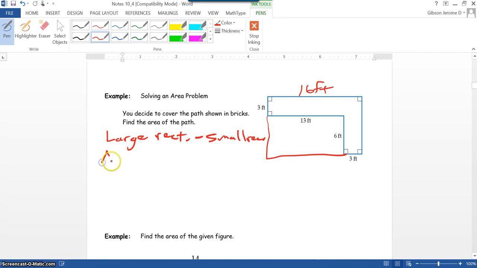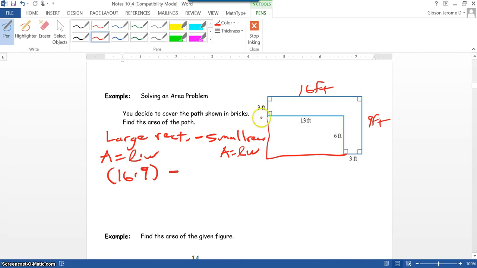So we will have A equals L times W, and this is also A equals L times W. So now, our length here is 16 feet, and our width, which is from here to here, you notice this is 3 feet, and this is 6 feet, and together this forms this whole side, which is 9 feet. So it'll be 16 times 9, and then minus the area of the small rectangle.